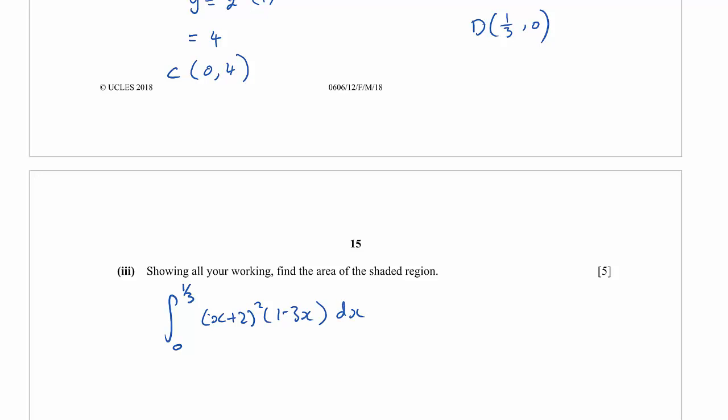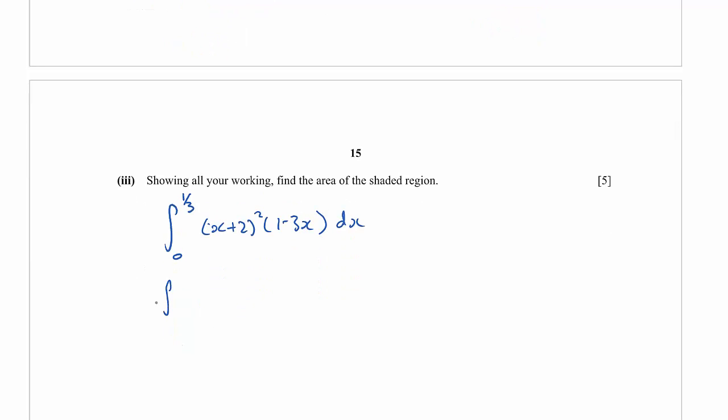Okay, I think I'm going to have to expand this out. So we've got 0 to 1/3. So that's going to give me (x squared plus 4x plus 4), and (1 minus 3x).